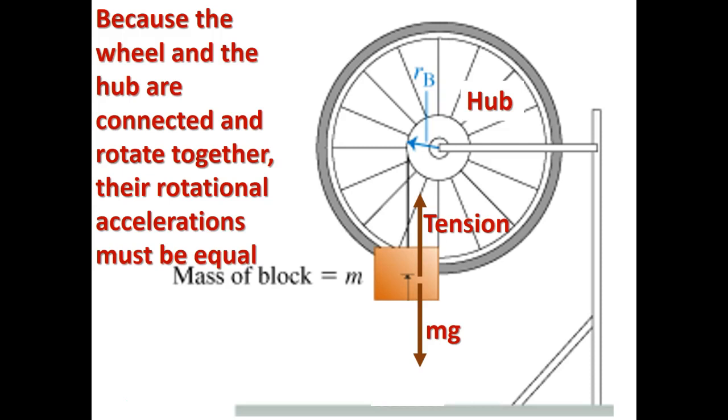The linear acceleration of the wheel is going to be the same as the linear acceleration of the falling block, and again the net force on the block is going to be mg minus tension. And so in order to find the torque on the hub, you need to find the tension, just like we did before.